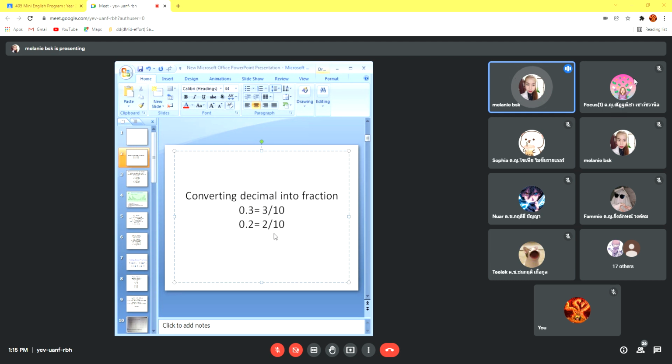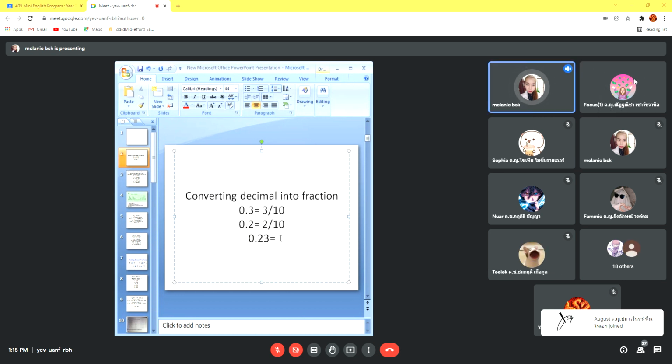Okay, one more. We're going to have this one, 0.23. How about this one, children? 3 is in the hundredths place. So how are you going to write this one as a fraction?